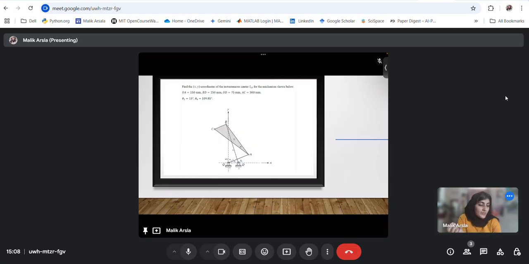Okay, so basically in this week, the focus was mostly on velocity analysis using the method of instantaneous center of rotation. At the start, the idea of instantaneous center of rotation was given.